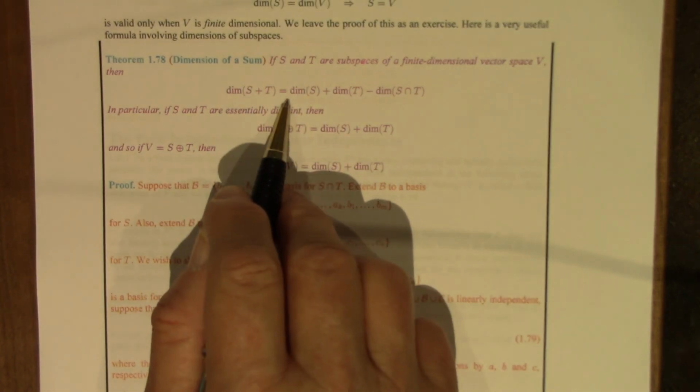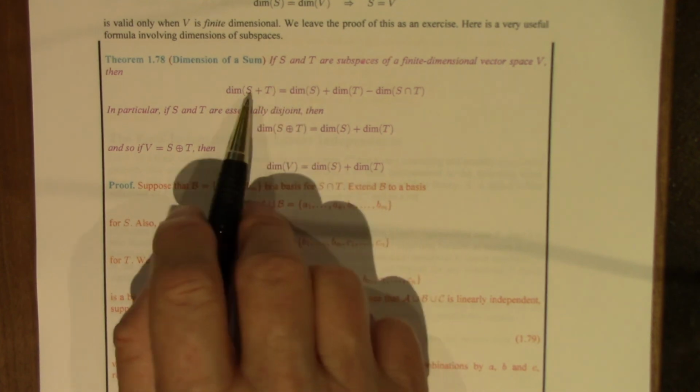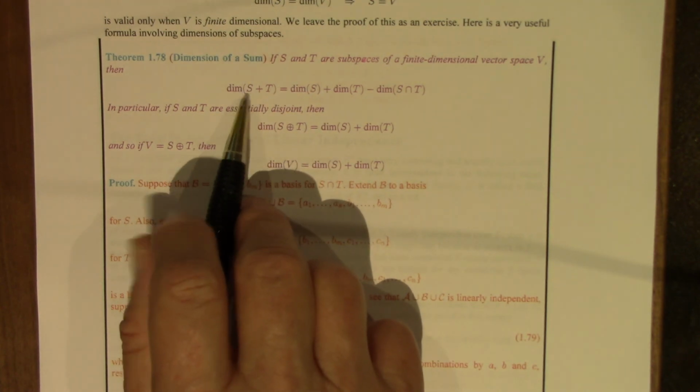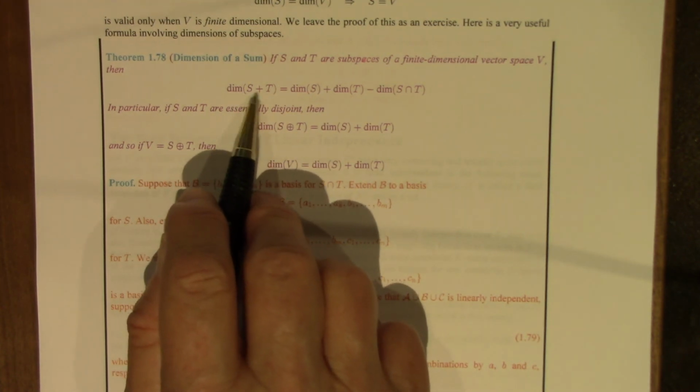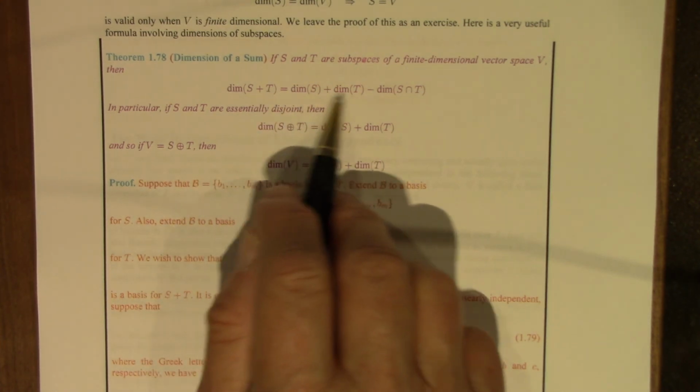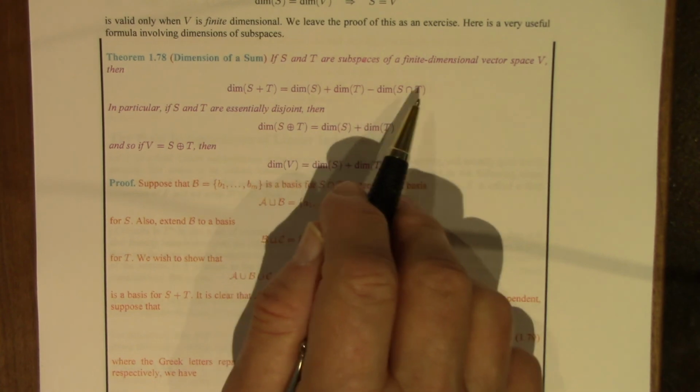Here's a very useful formula, in the case of finite dimensional vector spaces, for the dimension of the sum of two subspaces. It's the sum of the dimensions minus the dimension of the intersection.